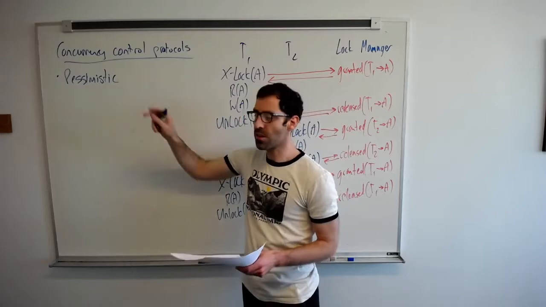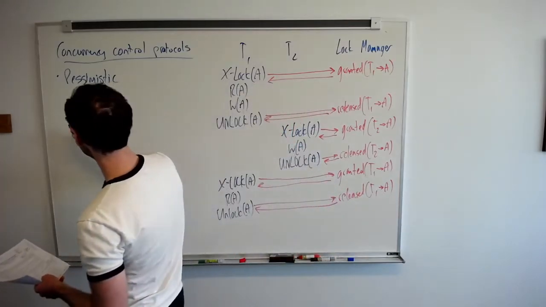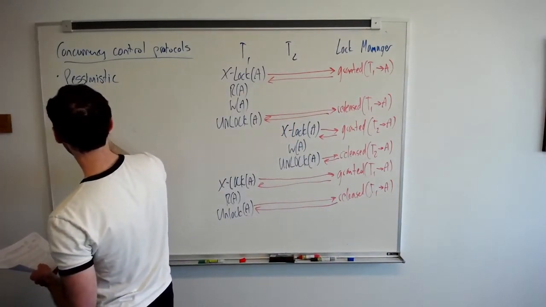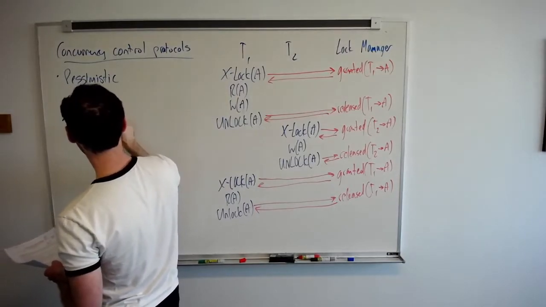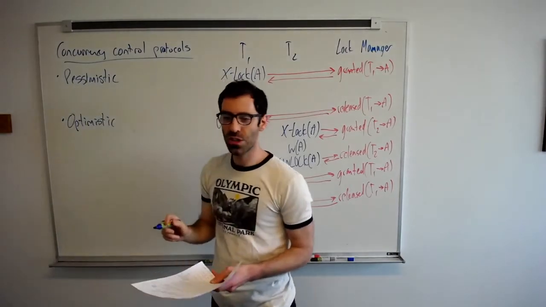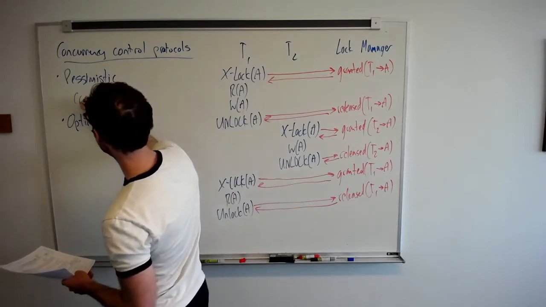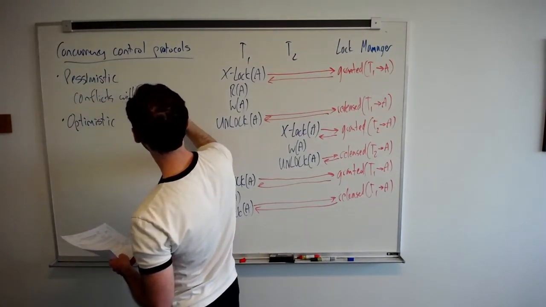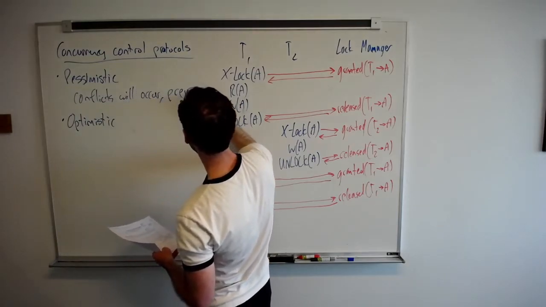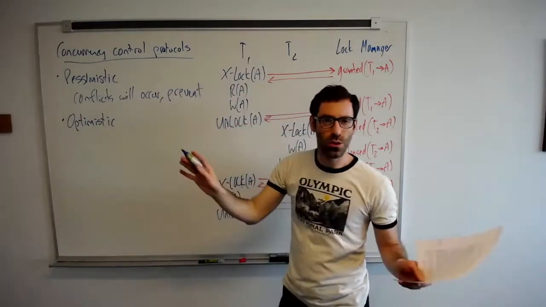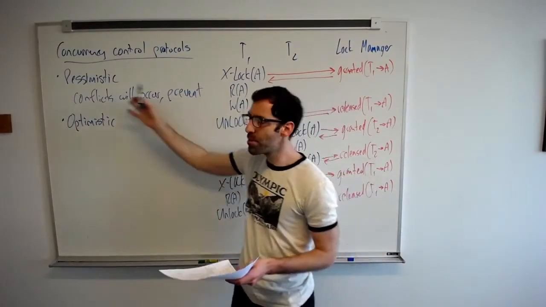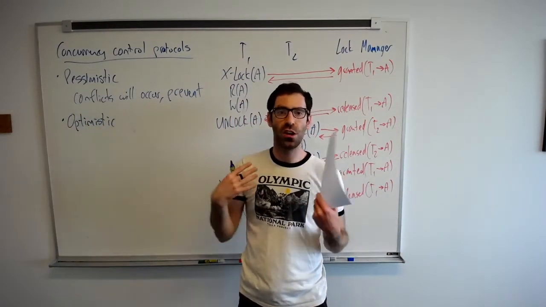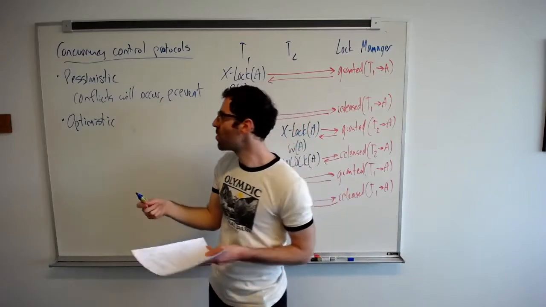And so this is pessimistic as opposed to optimistic. Pessimistic is saying conflicts are going to occur, so we'll just prevent them. Kind of pessimistically saying conflicts are inevitable, so we just need to prevent them.